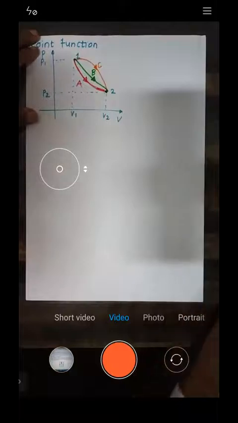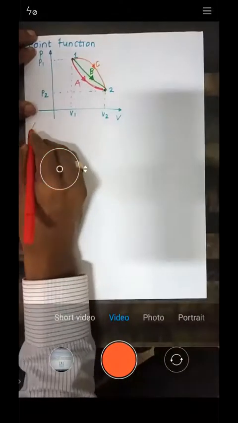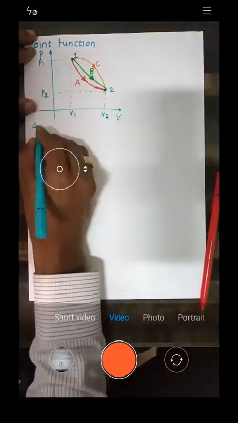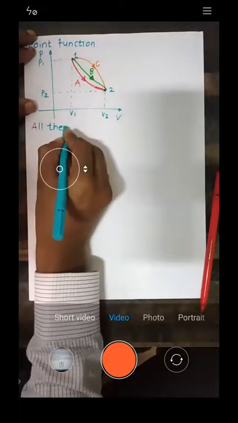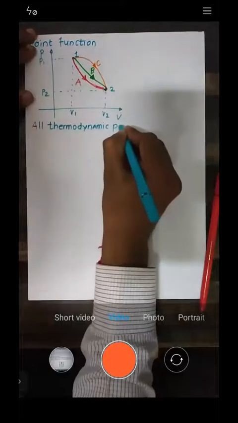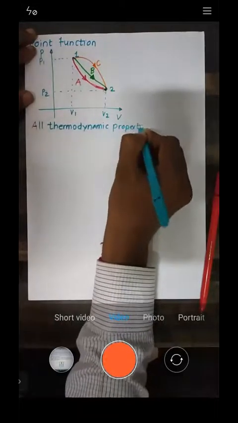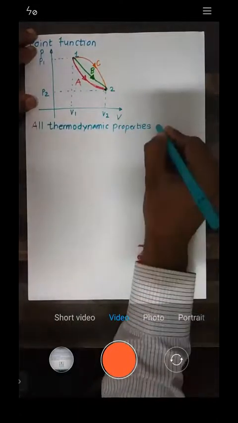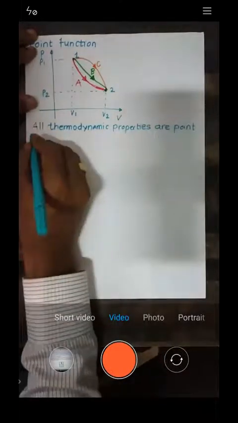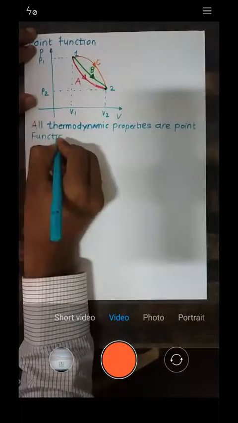So I'll just write it down in detail. All thermodynamic properties are point functions.